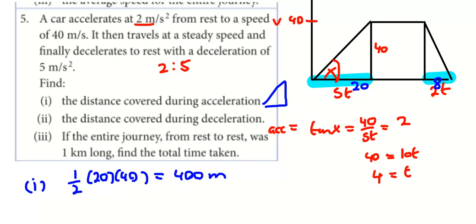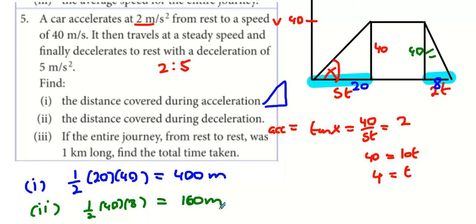All right. Next part is the distance covered during deceleration. And once again, it's the area of the triangle involved. So it's going to be a half, 40 times 8, which is 160 meters.